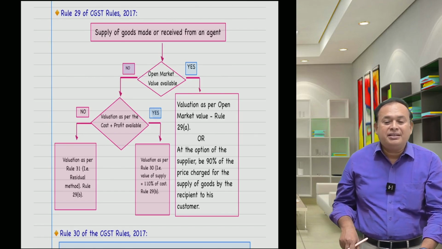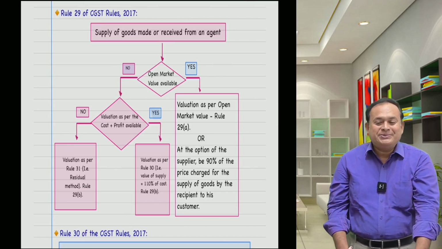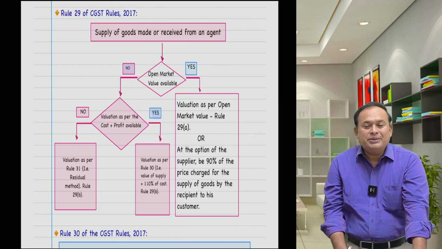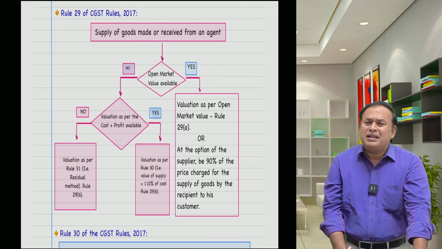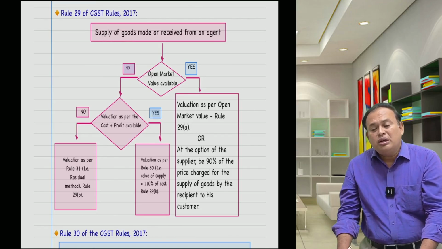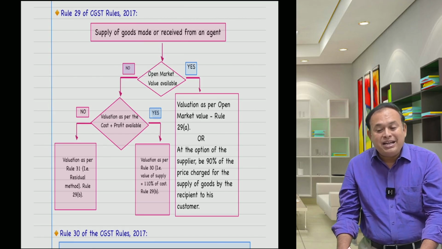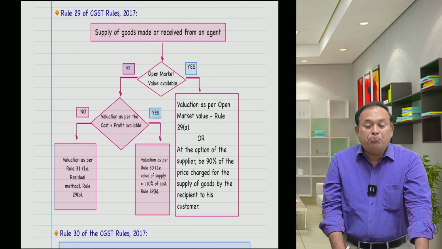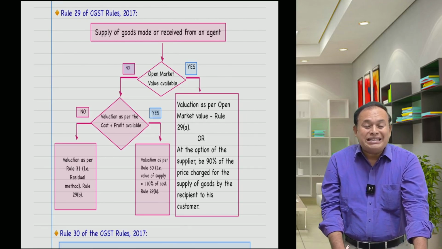Here it says open market value, rule number 29, clause A, open market value, or you compare that open market value with a value. What is the value? At the option of the supplier, it is 90% of the price charged for the supply of the goods by the recipient to his customer.